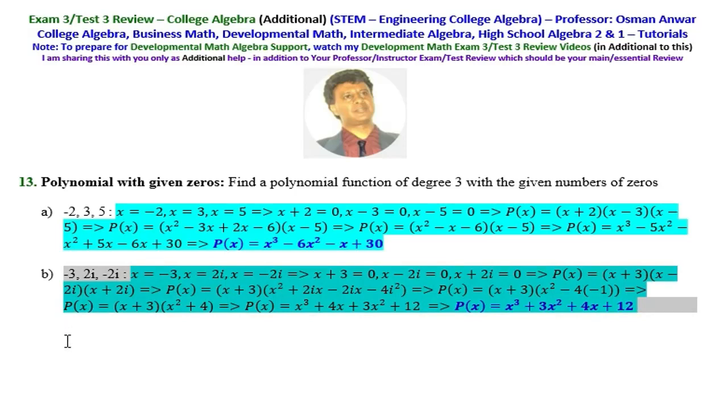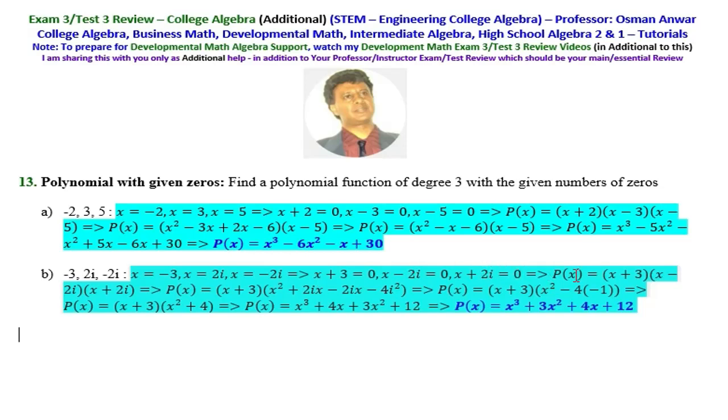B, the zeros are minus 3, 2i, minus 2i. That means x equals minus 3, x equals 2i, x equals minus 2i. That means x plus 3 equals 0, x minus 2i equals 0, x plus 2i equals 0.